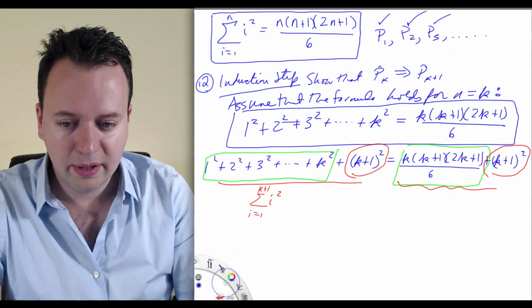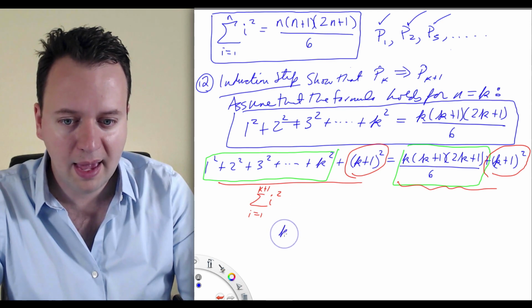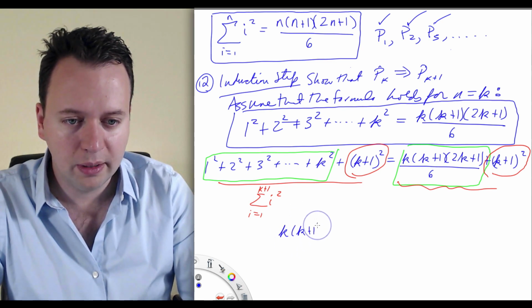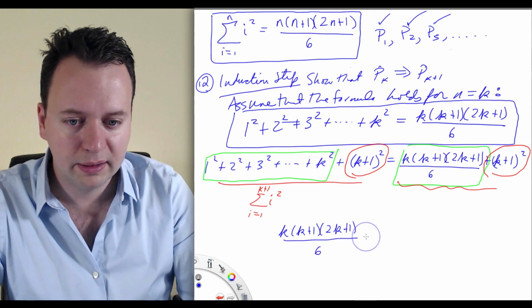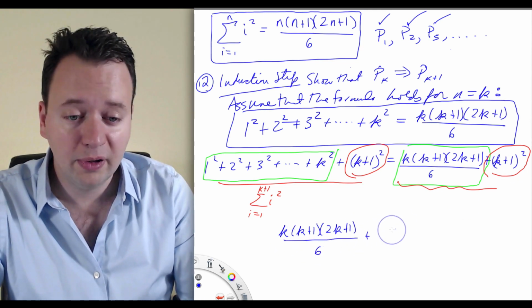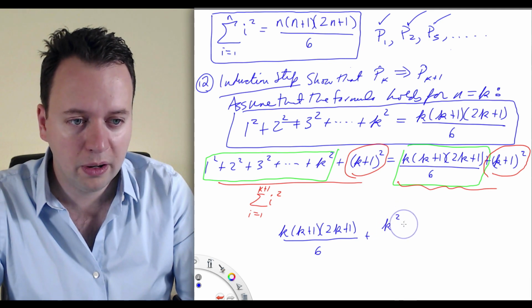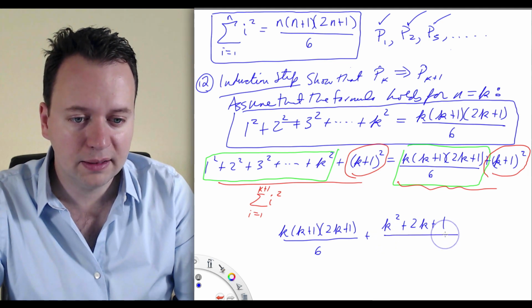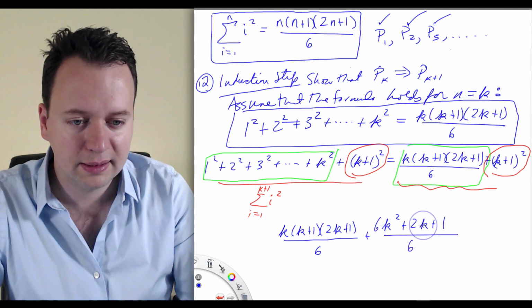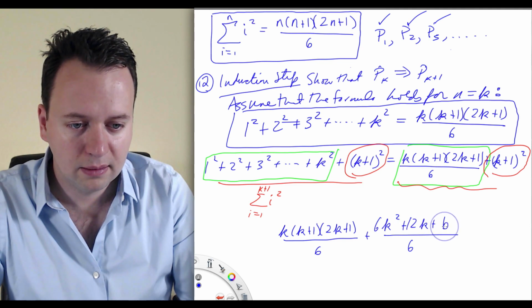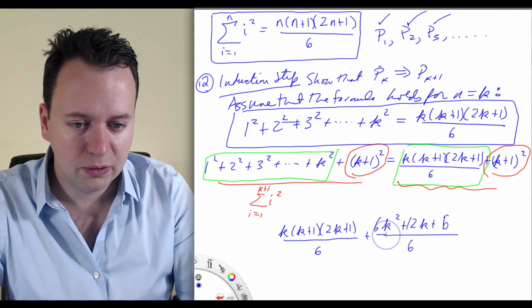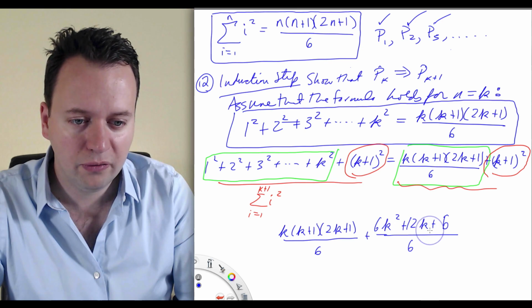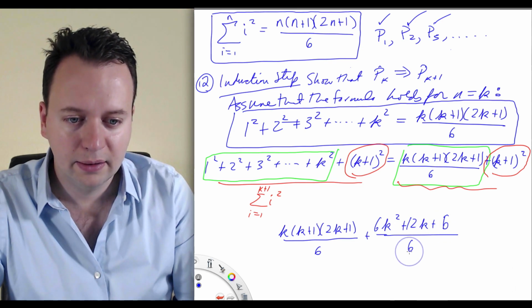So we need a common denominator. We have k plus 1 times 2k plus 1 over 6, plus, now k plus 1 squared is going to be k squared plus 2k plus 1, like that. And let's multiply and divide by 6. So we have 6k squared plus 12k plus 6 over 6.